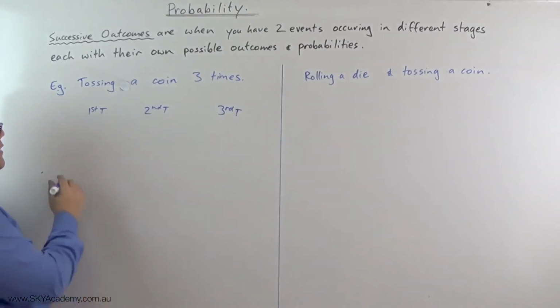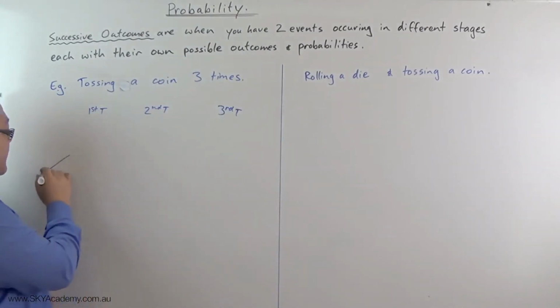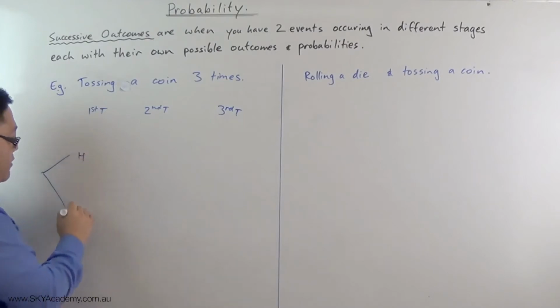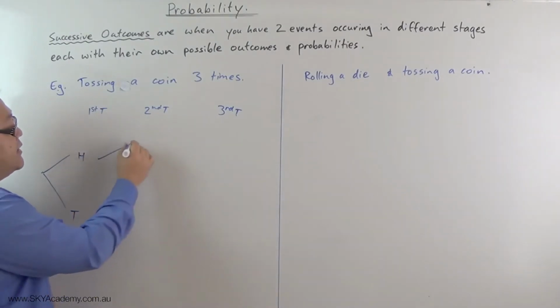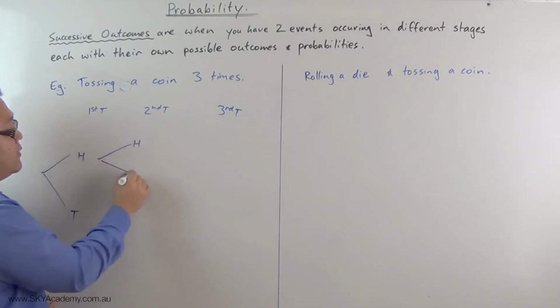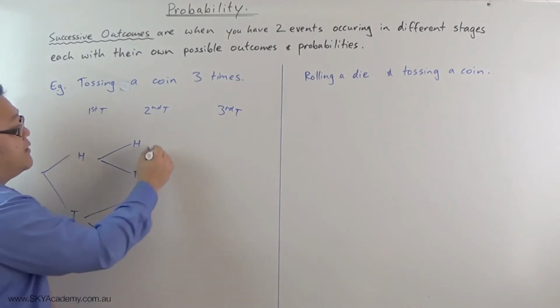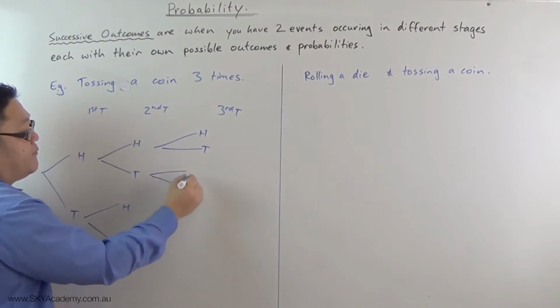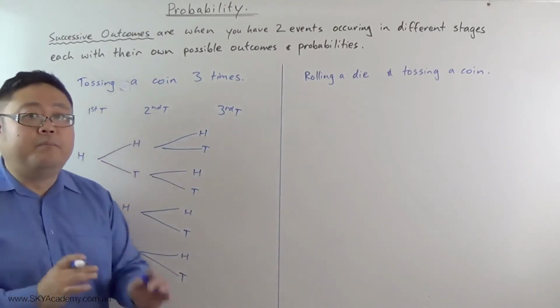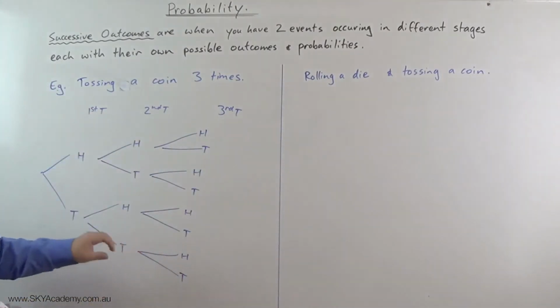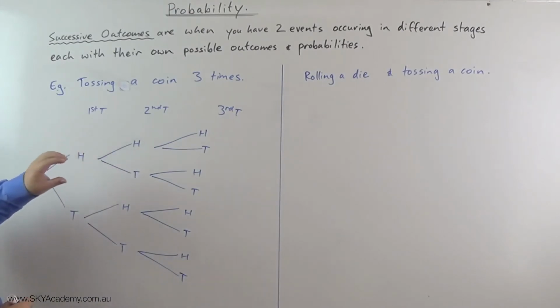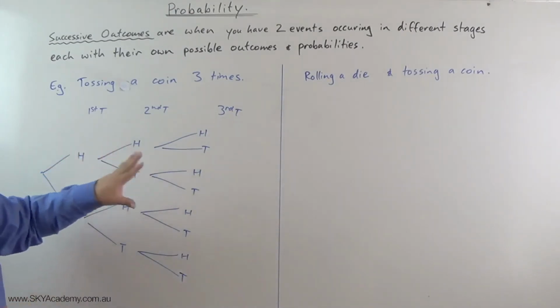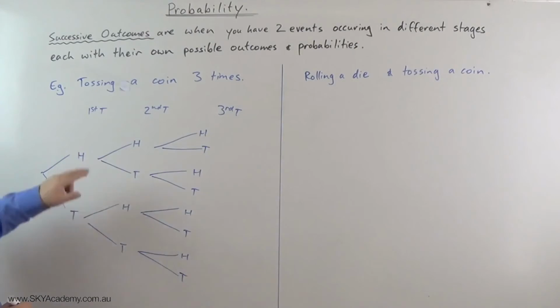Let's see how it would work. Your first toss is either going to be a head or a tail. Your second toss is either going to be a head or a tail as well. And your third toss is going to be a head or a tail as well. And so that will be the tree diagram for a three-stage coin toss.